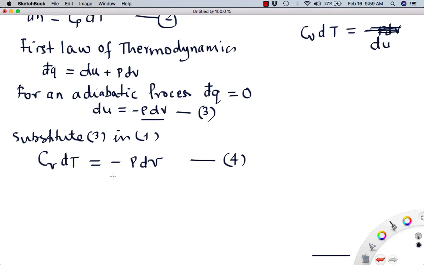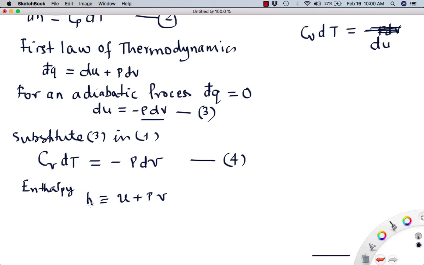Now let's define enthalpy. We already have the definition of enthalpy. Enthalpy H is defined as U plus PV. In this case we are expressing the specific enthalpy.